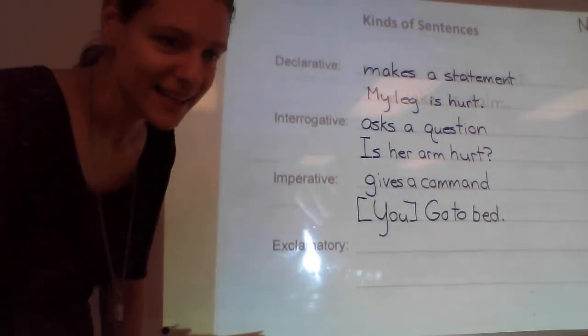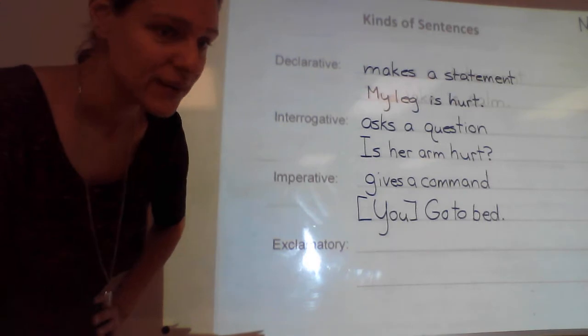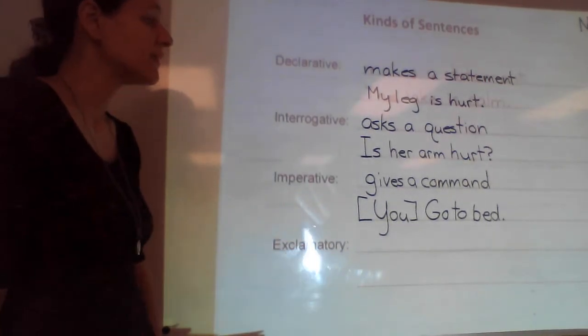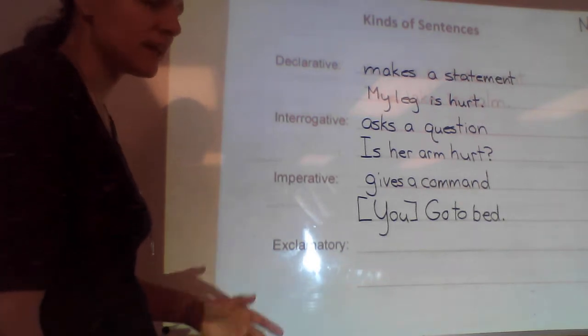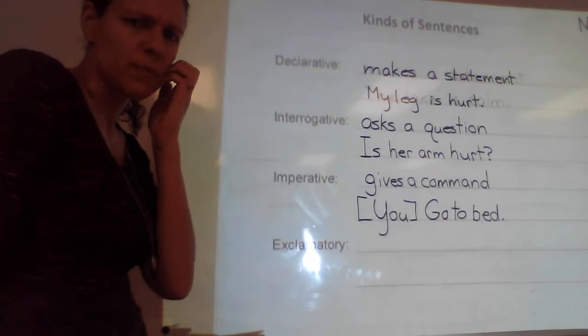All right, our last kind of sentence is exclamatory. What does an exclamatory sentence do? Good. I just saw in the book it said show strong feeling instead of strong emotion. Feeling's probably a better word. You might be wondering, what in the world is emotion?